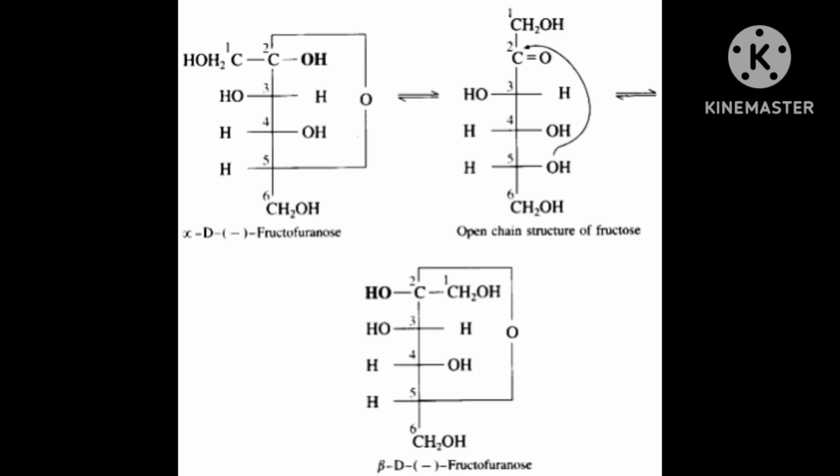It also exists in 2 cyclic forms. Just like glucose, fructose also exists in 2 cyclic forms, which are obtained by the addition of OH at C5 to the CO group. Again here also a ring is made, but now the oxygen group is at carbon number 2.